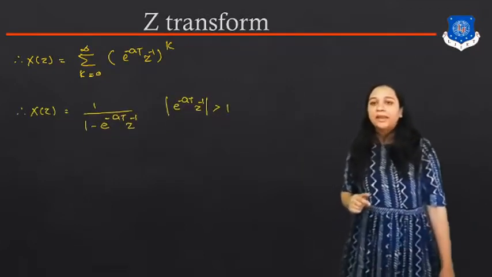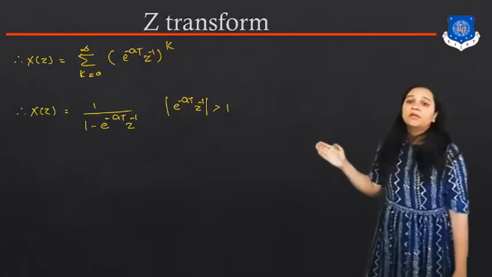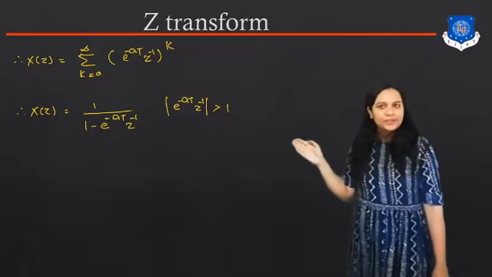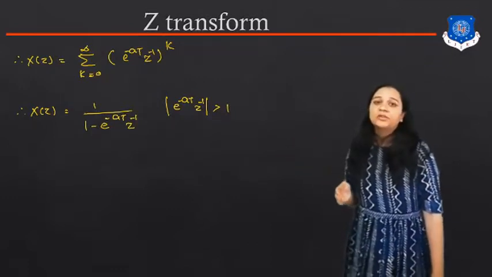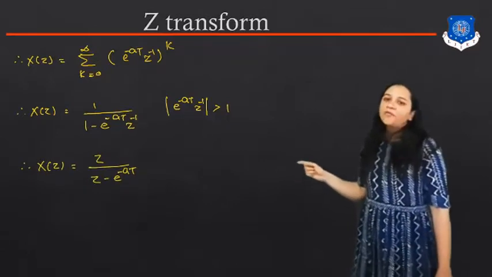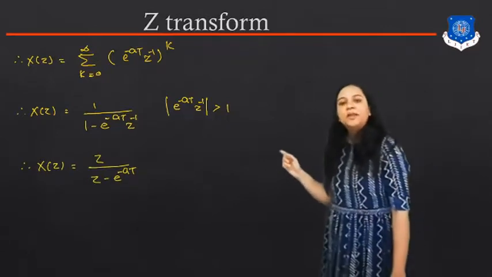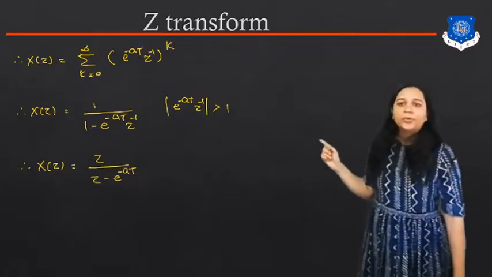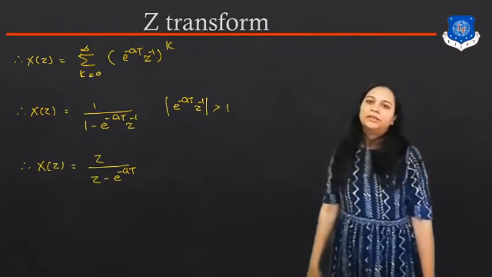So we can get x of z, that is equal to 1 upon 1 minus e raised to minus aT z raised to minus 1 and the ROC will be greater than 1. So this is the simplified version of the exponential function, x of z, that is equal to z upon z minus e raised to aT.